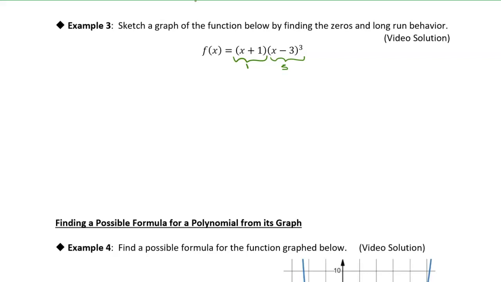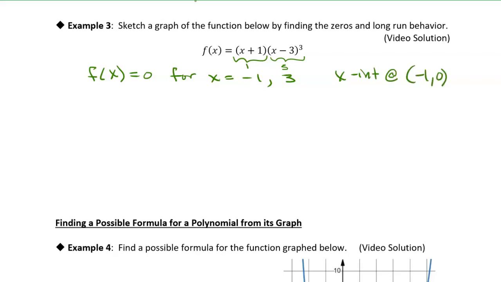So, okay, let's look at what the zeros are, right? The zeros occur when f of x is equal to 0, and that happens for x equals -1 and 3, all right? So we have x-intercepts at (-1, 0) and (3, 0).